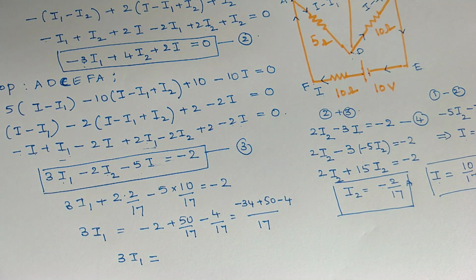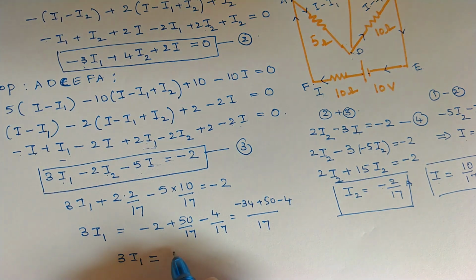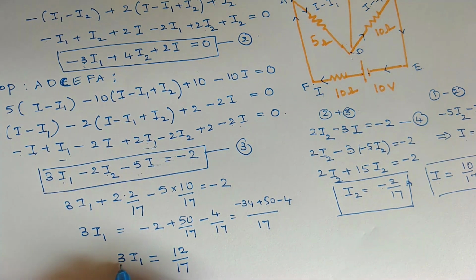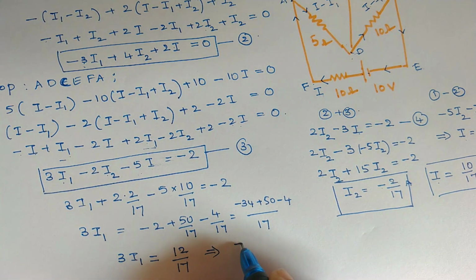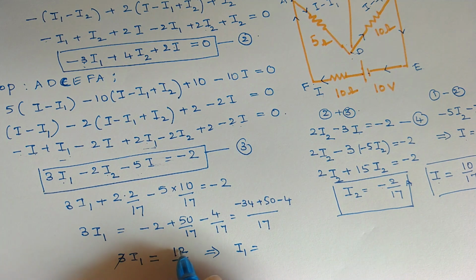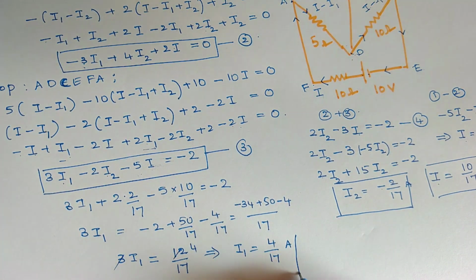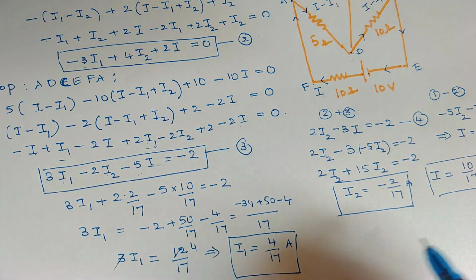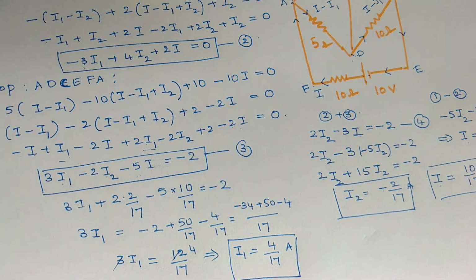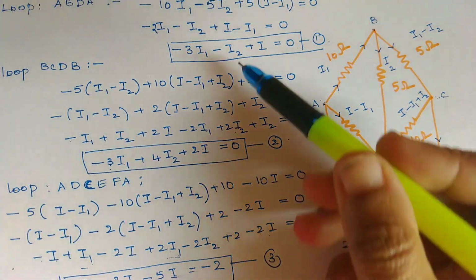So 50 minus 38, the answer will be 12. So you will get 12 divided by 17, or I1 is equal to 3 goes 4 times, that is 4 by 17 ampere.